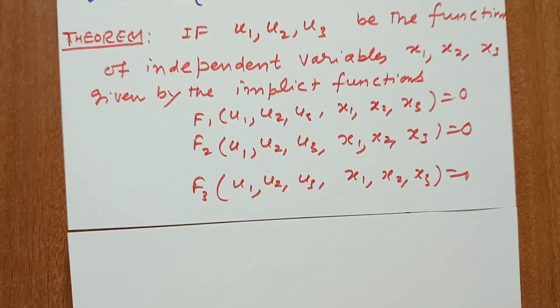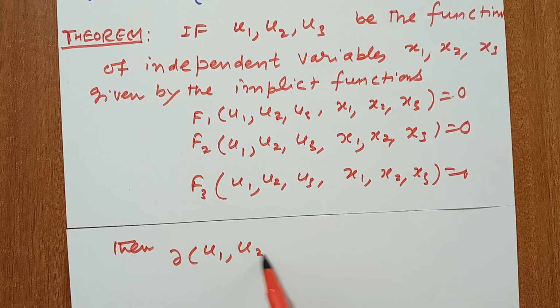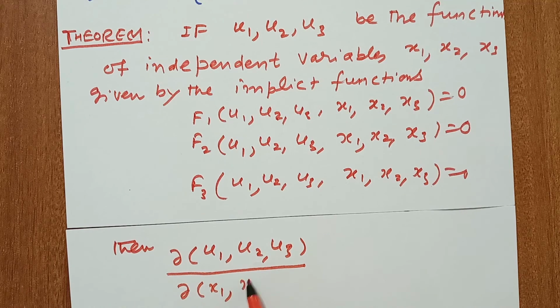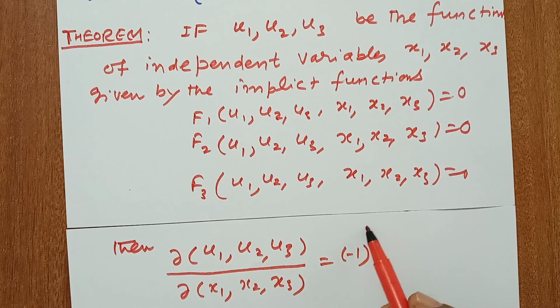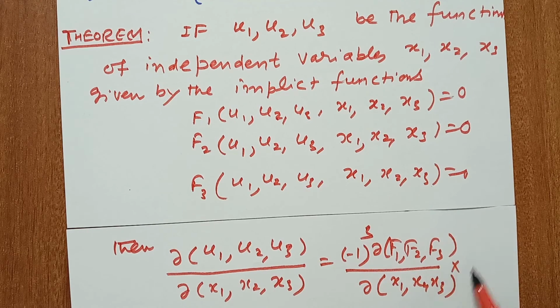Then the Jacobian ∂(u1,u2,u3)/∂(x1,x2,x3) is equal to (-1)^3 ∂(f1,f2,f3)/∂(x1,x2,x3) divided by ∂(f1,f2,f3)/∂(u1,u2,u3).